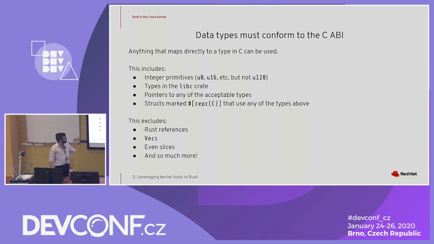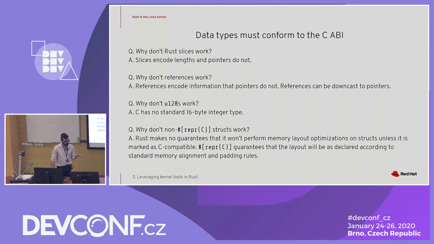So data types really must conform to the C-ABI, so we'll have integer primitives that are acceptable, anything in the libc crate, and pointers to any of those acceptable types. We can also mark structs as specifically C-ABI compatible, and this is going to exclude a lot of things like vectors and slices and a lot of other data types that we just can't use.